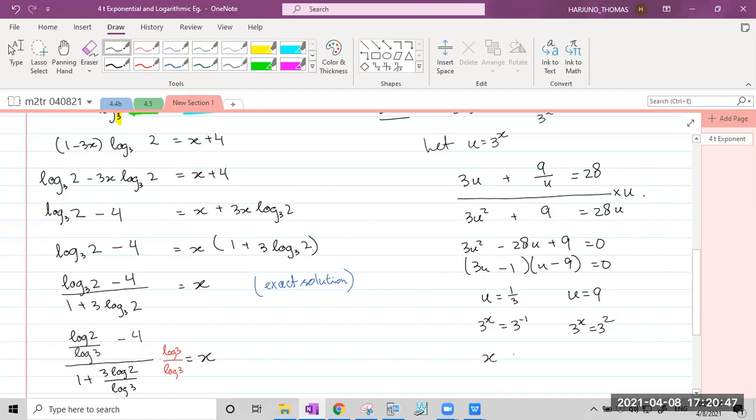So x equals -1, x equals 2. The domain of exponential function is all real numbers, so there's no need for me to check. Any else? I still have 4 minutes.